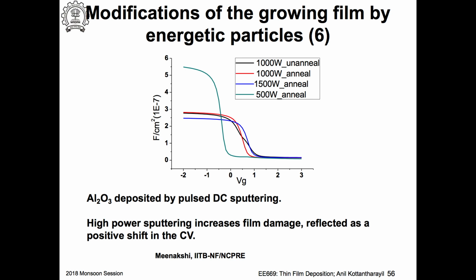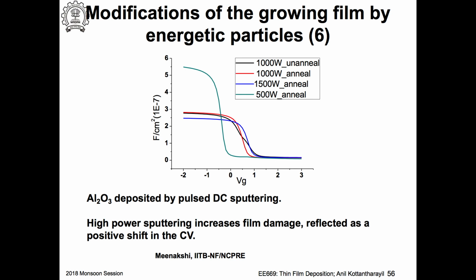When you do a higher temperature annealing, these interface states get better, and you get a pretty much normal CV, but still shifted.